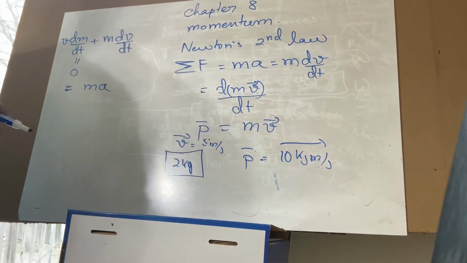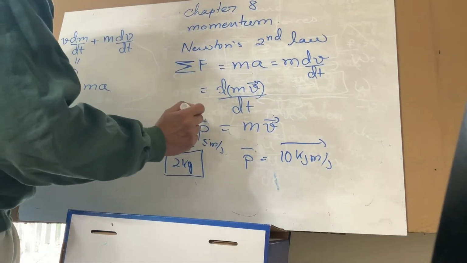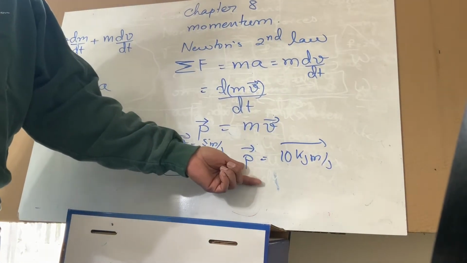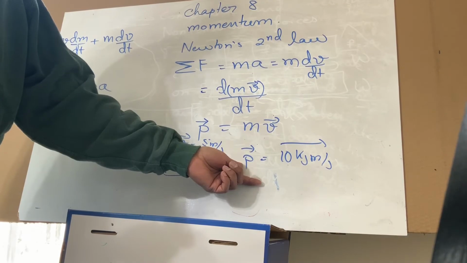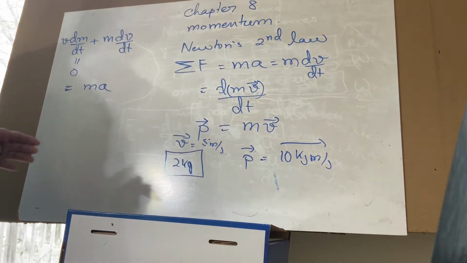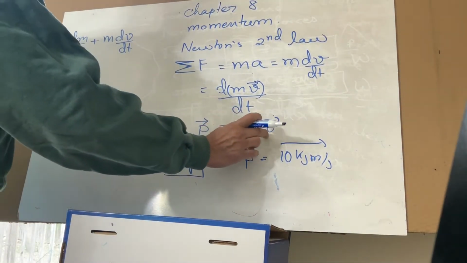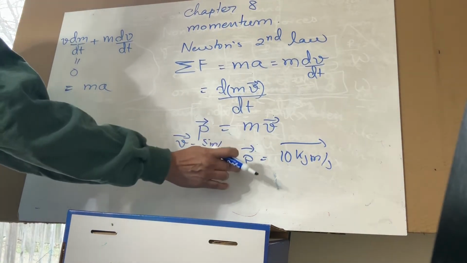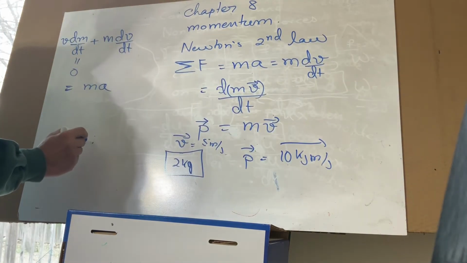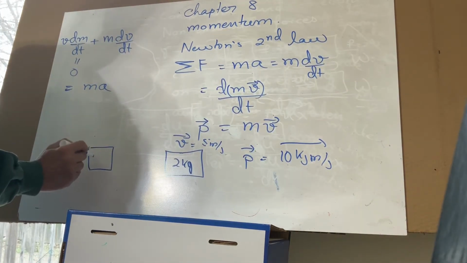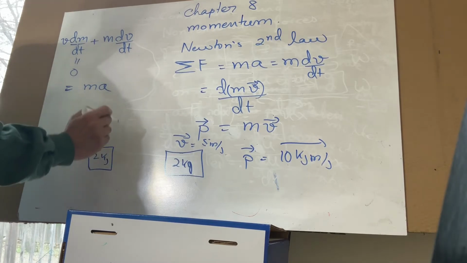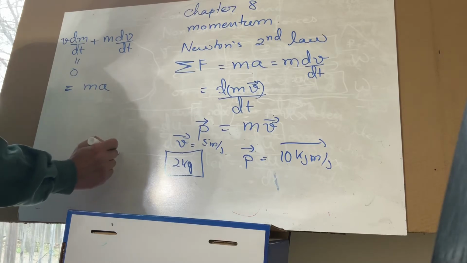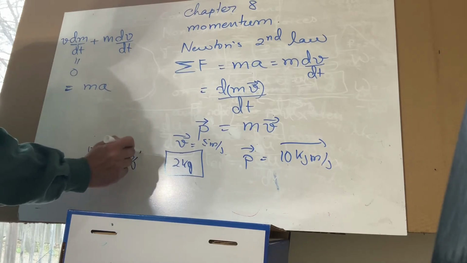So yeah, I can put this arrowhead. All right, so momentum is a vector. Just remember, this quantity, which I call momentum, points in that direction. What if you push an object up, a 2 kilogram object moving with a speed of 5 meters per second?